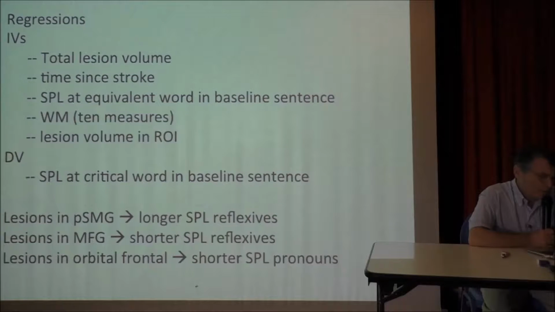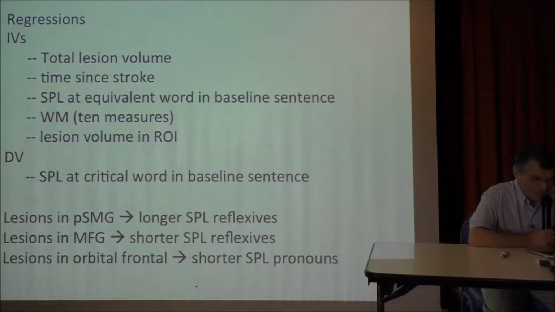What we found was that lesions in the posterior supramarginal gyrus produced longer self-paced listening times in reflexives, and lesions in the middle frontal gyrus and in the orbital frontal gyrus produced shorter self-paced listening time in reflexives in the one case and in pronouns in another.